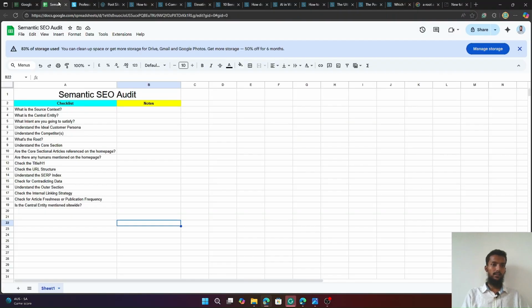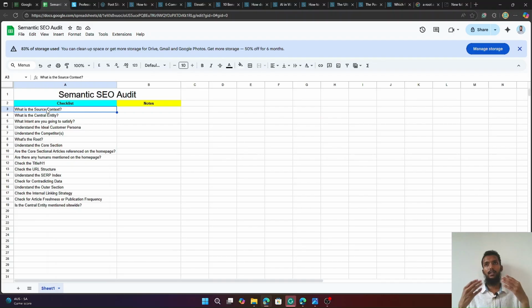So let's get started with the first one, the source context. What is the source context? The source context is how the business is earning the money. It's the monetization process.